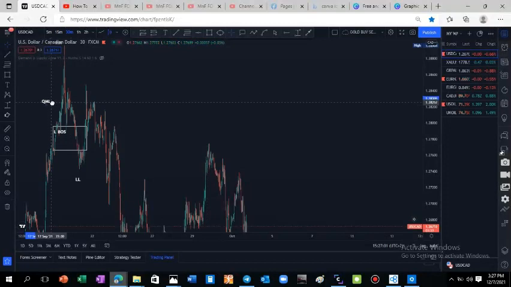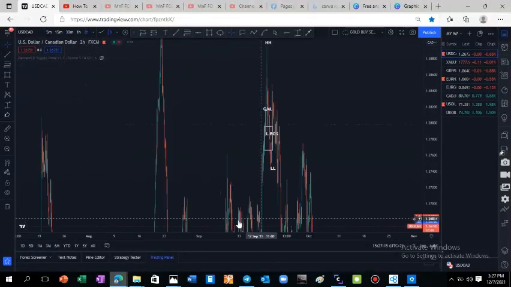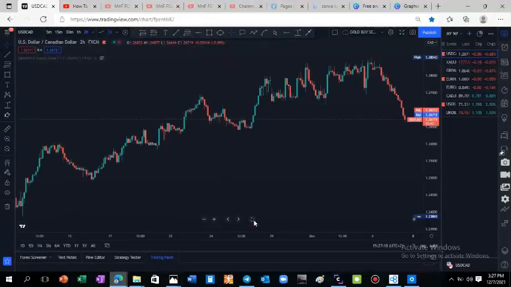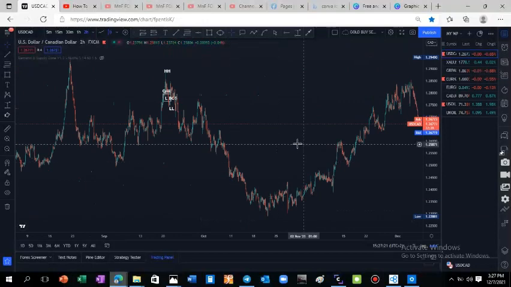So I had the level here and the break of structure right there. Then the market formed the lower low here, and I have a higher high on top there. Then I ask myself, where is the fresh supply zone that I'm supposed to wait for? Where is that fresh supply zone that I'm supposed to wait for?